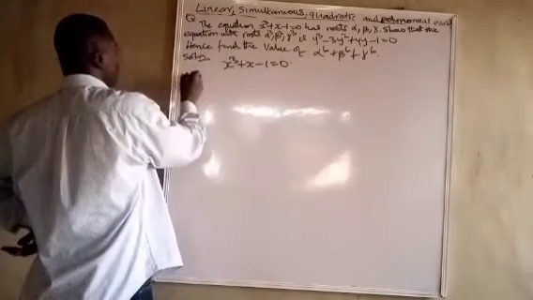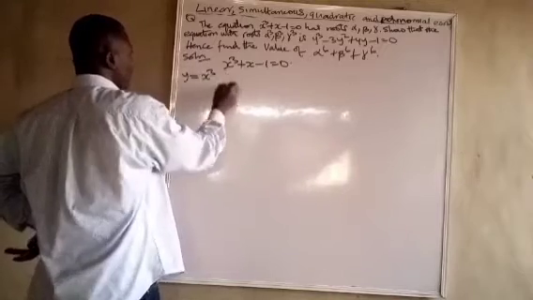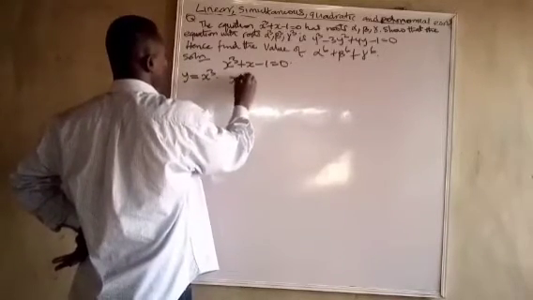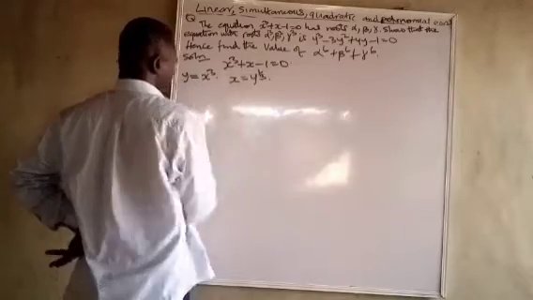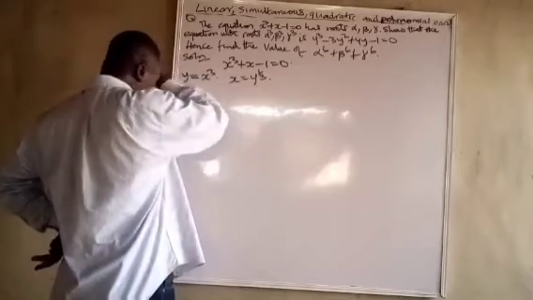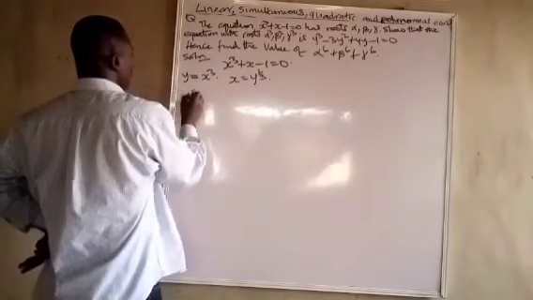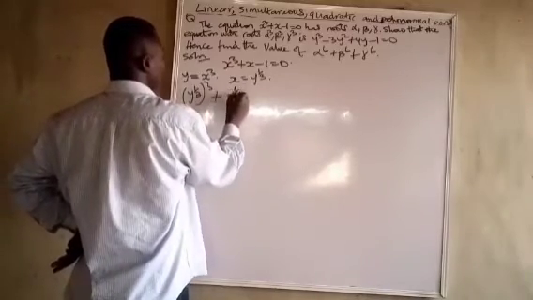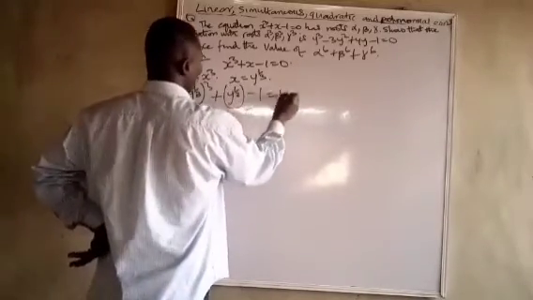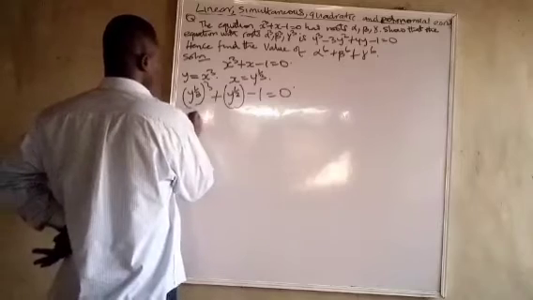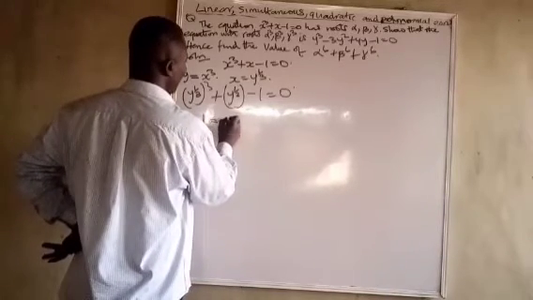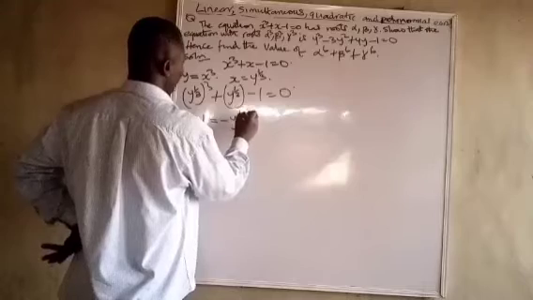Now, make y equals x cubed. So x will be equal to y raised to the power 1 over 3. Now let's substitute that into the equation. So I have y raised to the power 1 over 3, cubed, plus y raised to the power 1 over 3 minus 1 equals 0. Therefore, I can now say y minus 1 is equal to minus y raised to the power 1 over 3.